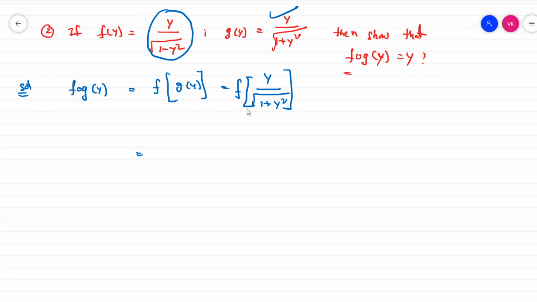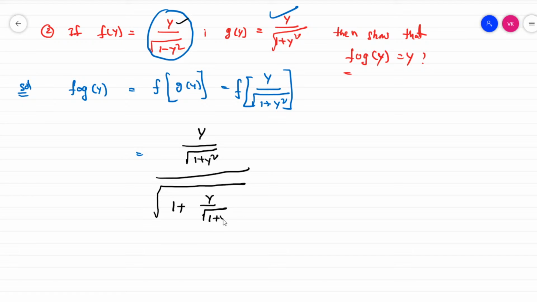We have to write all these variables in the y place. That means y by square root of 1 plus y square whole by 1 plus, square root of y square, that means the square root of 1 plus y square whole square.